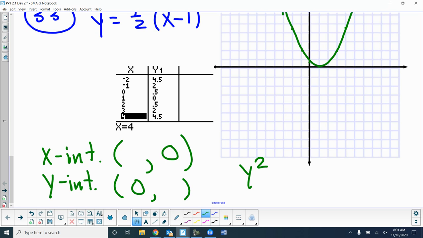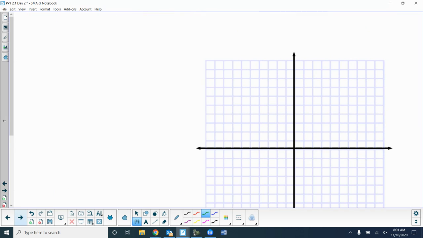Okay. So yesterday we graphed lines, parabolas, absolute values, the v's. That was it, wasn't it? Nothing different. Today, we're going to graph circles. When the x was squared, it was a parabola that opened up or down. When the y was squared, it opened right or left.